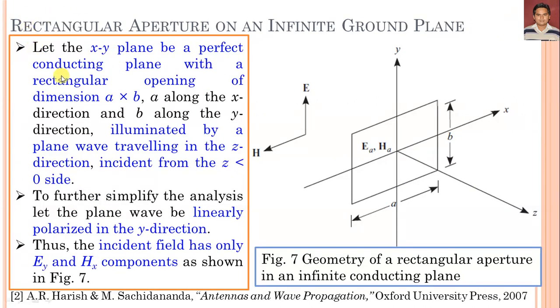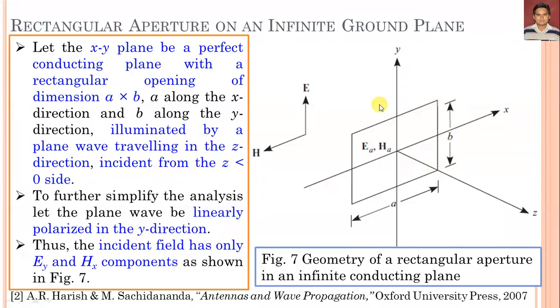Further, we are taking a rectangular aperture on an infinite ground plane. In lecture 3, we discussed it in free space, but in this lecture we are going to discuss the infinite ground plane. Here you can see the geometry of the rectangular aperture on an infinite ground plane.